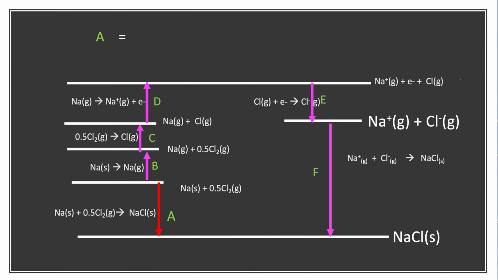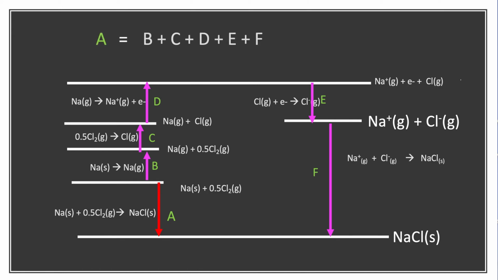If you think of it this way, if you were following directions on a map and you started off at that Na solid plus a half Cl2 gas line and you were to follow the red arrow, you would just go straight down and end up at NaCl solid. Alternatively, you could follow the arrows marked B, C, D, E and F and follow a more circular route, but you would still end up at NaCl solid.